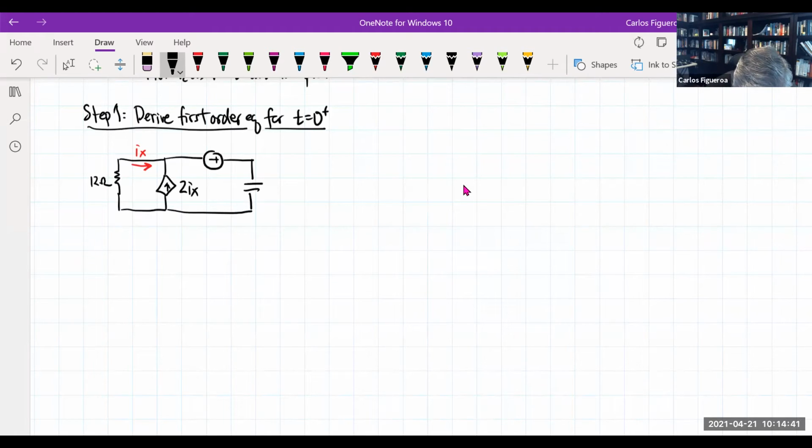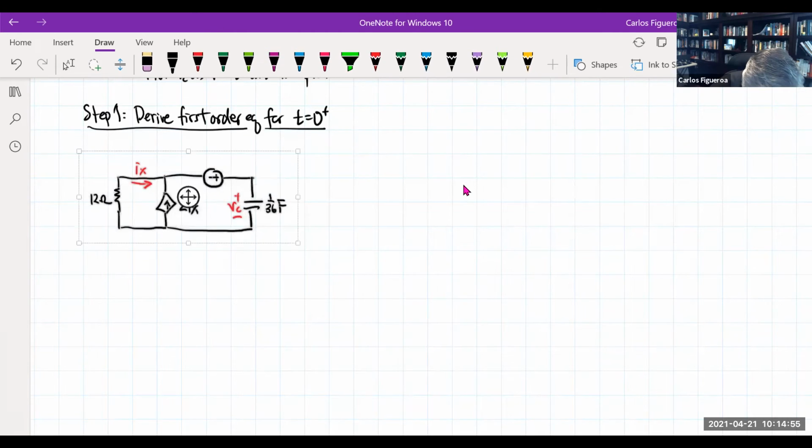Okay, so I see that this is a 136 farad capacitor. Of course, we're looking for VC here. Now, my source here is, you know what, I'm going to bring this down a little bit. My source looks like this here. It's going to be 8e to the minus 5t volts, of course.